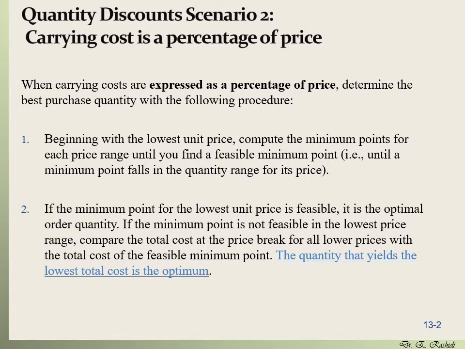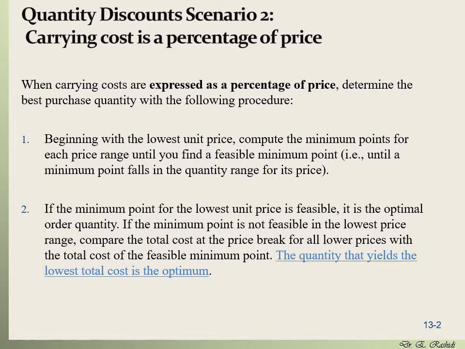Now step 2. If the minimum point that you found in step 1 is not at the lowest unit price, then to find the optimal order quantity, you need to compare the total cost of the minimum point that you found in step 1 with the total cost of any lower prices that you have.